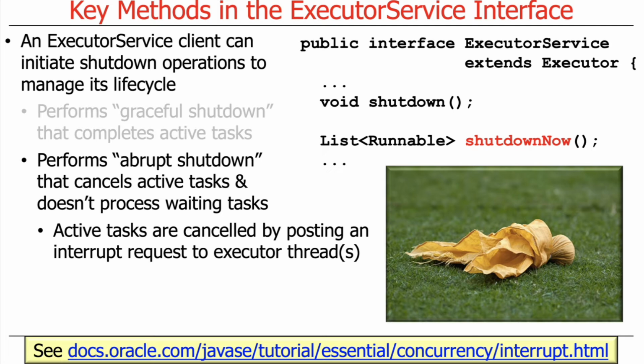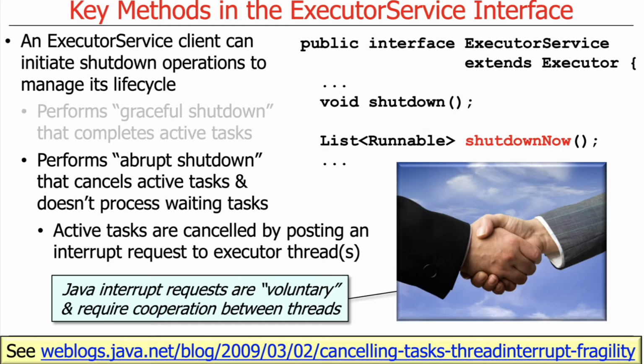The way it works is that active tasks are canceled by posting an interrupt request to the threads running in the executor implementation. And we'll see later that it's up to the implementation of each task to detect when an interrupt request has been posted. The reason that's important is that Java's interrupt requests are voluntary and require cooperation between threads.